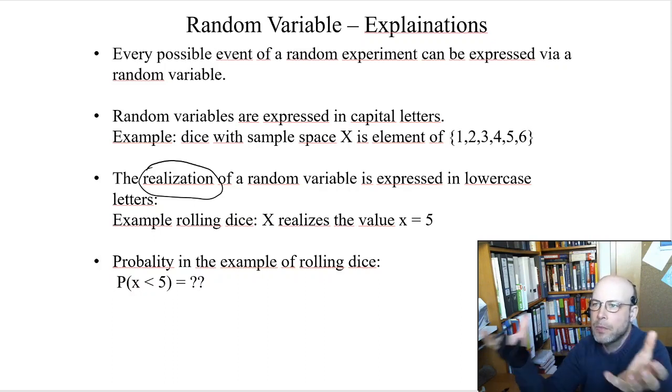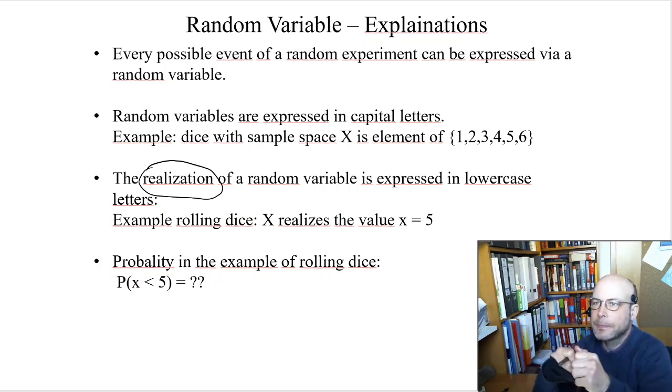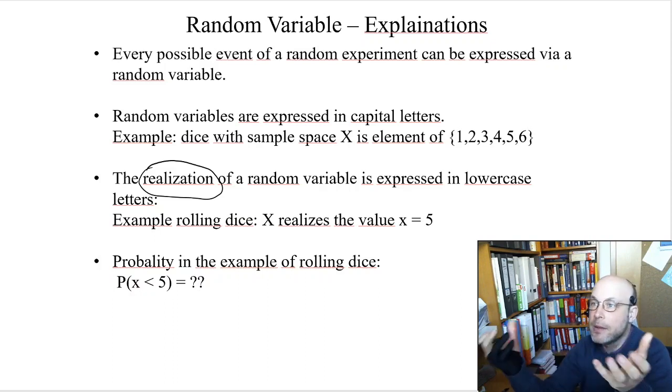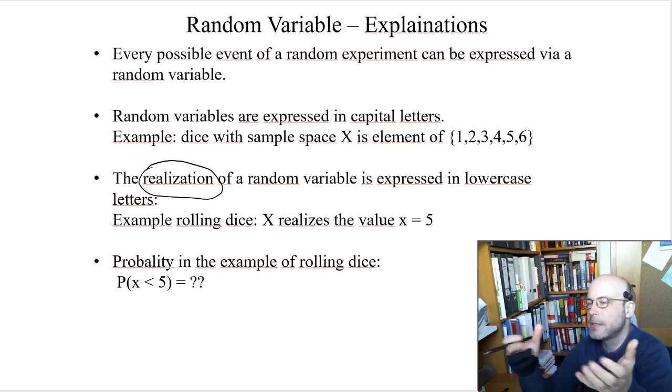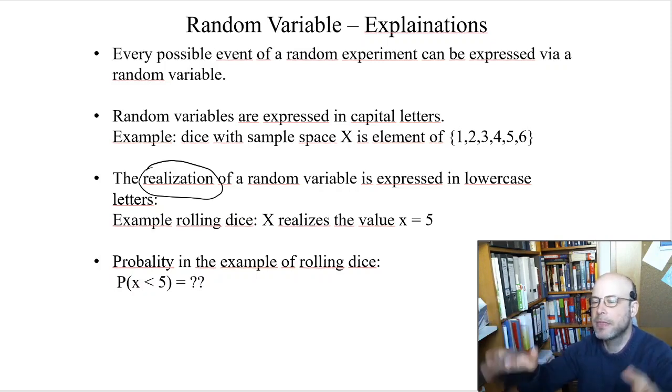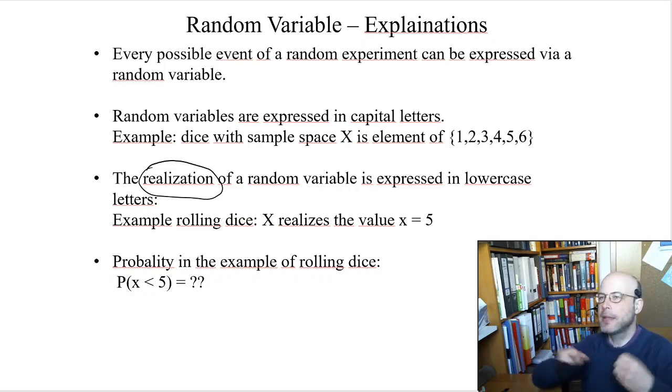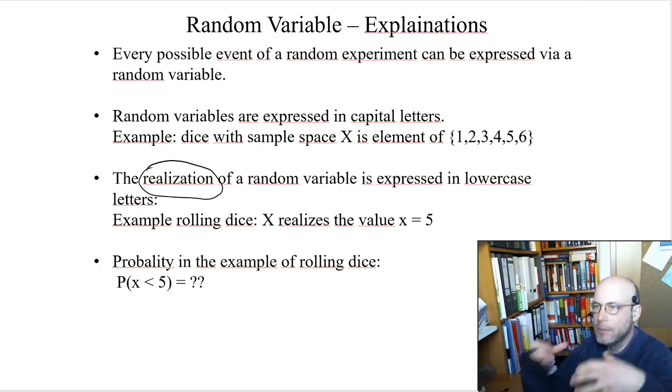Then every possible event in a random experiment can be expressed in a random variable. In mathematics or statistics, we create a common language so that we all know what we are talking about, and we do not always have to explain it.